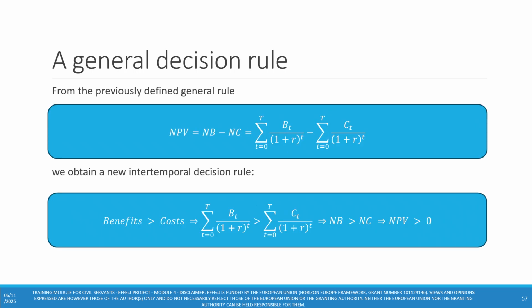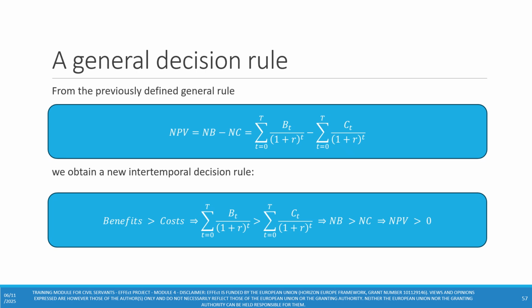From this previously gained general rule, we can now obtain a new intertemporal decision rule. If we want benefits to be strictly larger than costs, then we want the sum from t equals 0 until capital T of B_t over (1 plus r) to the power of t to be strictly larger than the sum from t equals 0 to capital T of C_t over (1 plus r) to the power of t, which then implies that net benefits are strictly larger than net costs and could be reformulated as the net present value being strictly larger than 0.